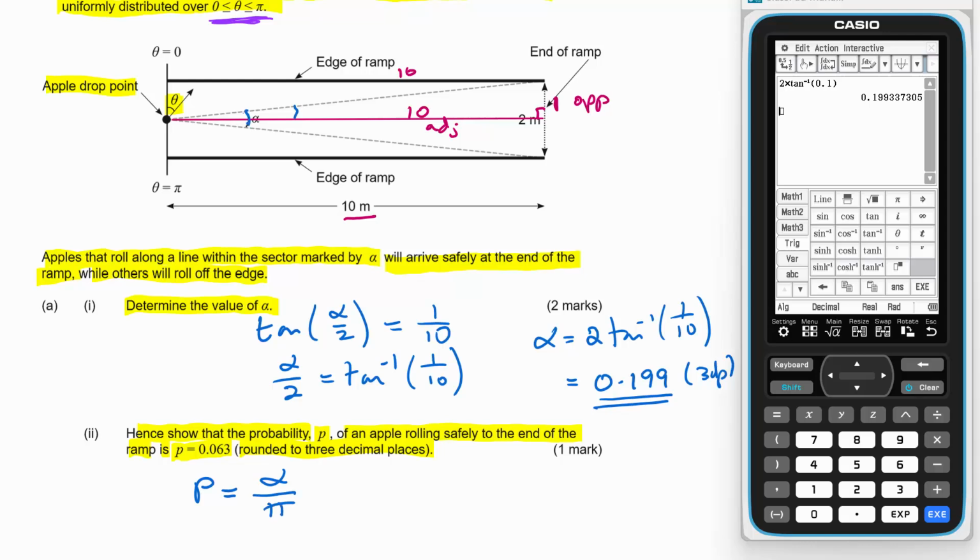It's this angle out of the angles from 0 to pi. And we have our value of alpha, so we can just put that in there as the last answer, divide that by pi, and execute, and you can see 0.063 to 3 decimal places, as required.